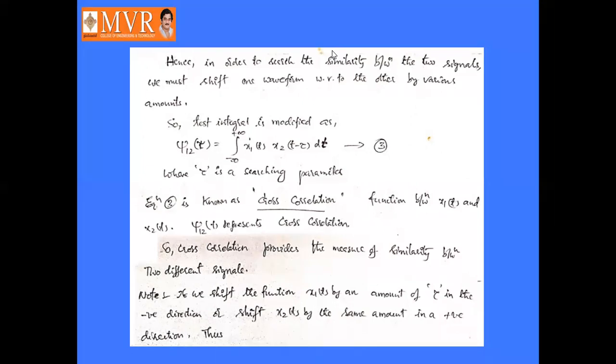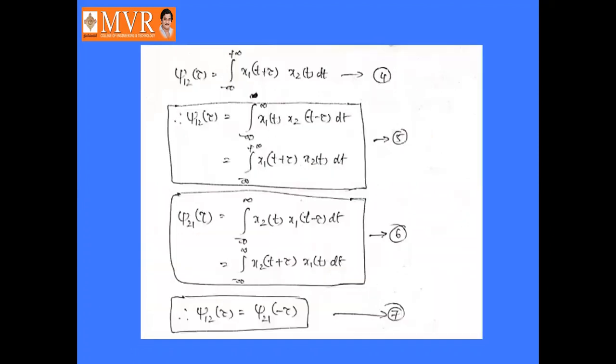Note that if we shift the function x1 of t by an amount of tau in the negative direction, or shift x2 of t by the same amount in the positive direction, this expression will become J12 of tau is equal to integral minus infinity to infinity x1 of t plus tau into x2 of t dt. That is considered as equation number 4.